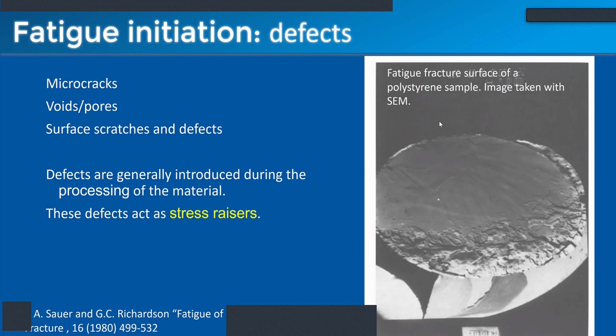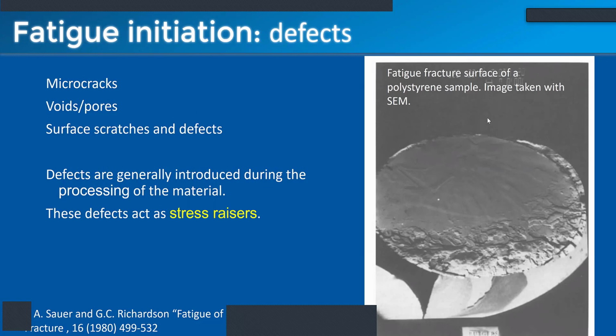And this crack acts as a stress raiser. So even though there's a certain stress or a certain force that's being applied to our biomaterial, in the vicinity of this little crack, the stress felt by the material is actually much higher. That's called a stress raiser when that happens.